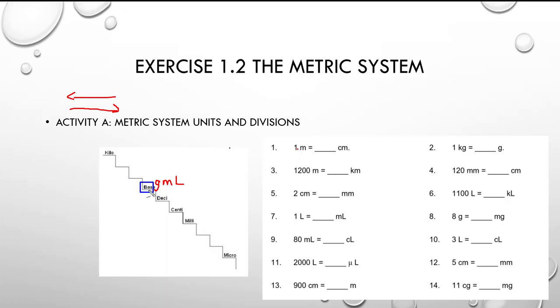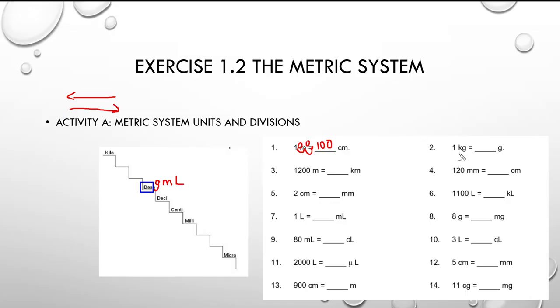How many steps? 1, 2 steps to the right. Then I just have to fill in the zeros. So now I have 100 centimeters. So 1 meter equals 100 centimeters. I've taken the base and moved the decimal point to the right 2 spots, since I've moved down the ladder 2 spots.